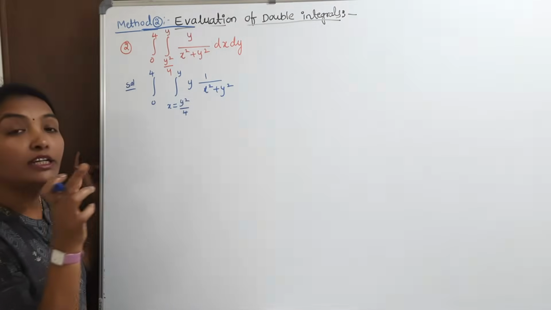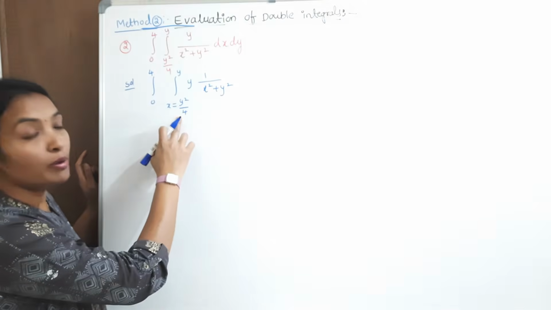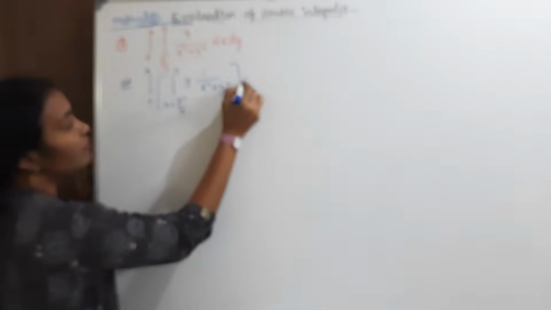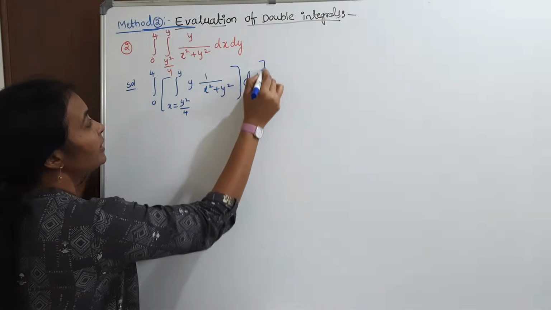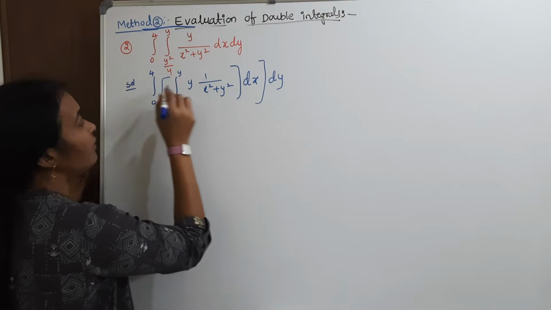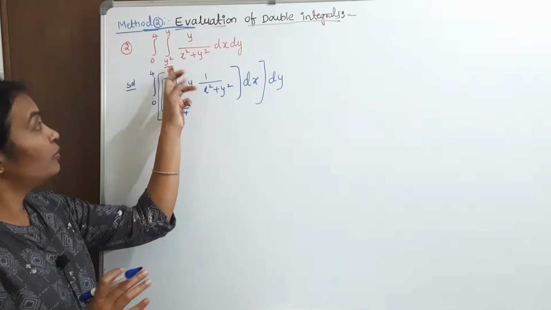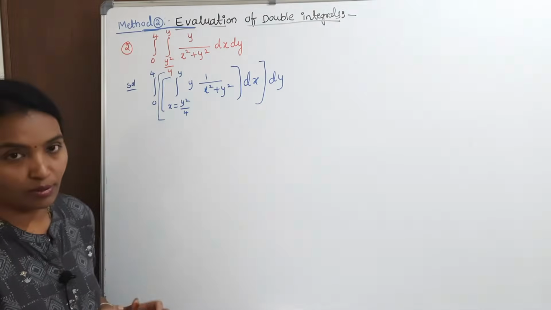If the limits are in terms of y, consider them as x limits from our method 2. Then first integrate with respect to dx, then finally with respect to dy. Is it clear? When the given limits are in x, consider them as y limits, and when in y, consider them as x limits.